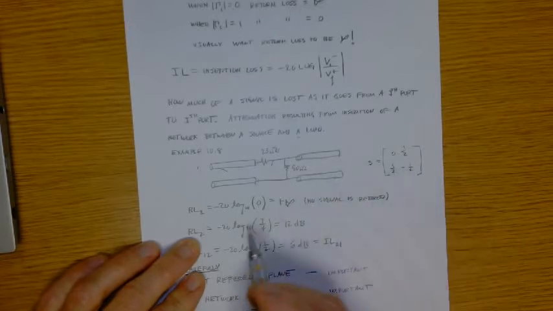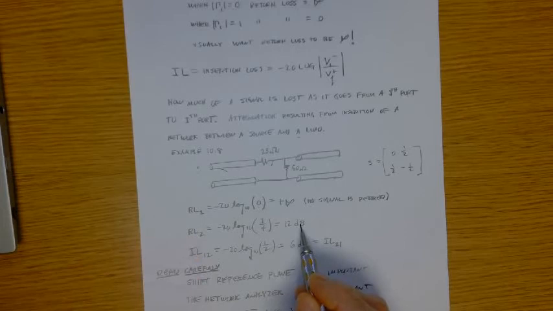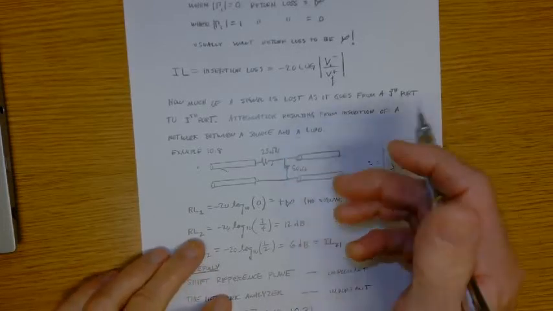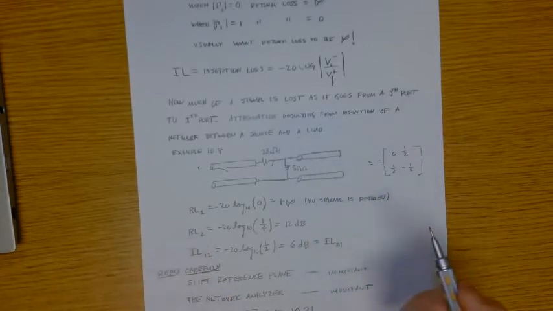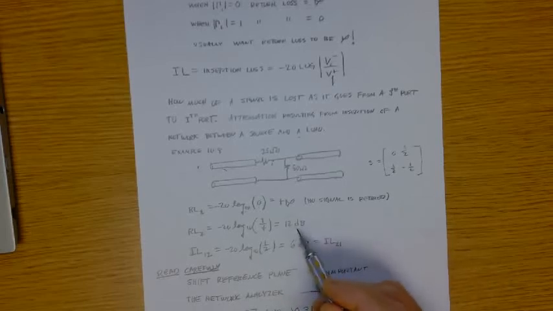So in that case, the return loss into this port is 12 dB. What that means essentially is not much of it's reflected, but a little bit is. That's what that says.